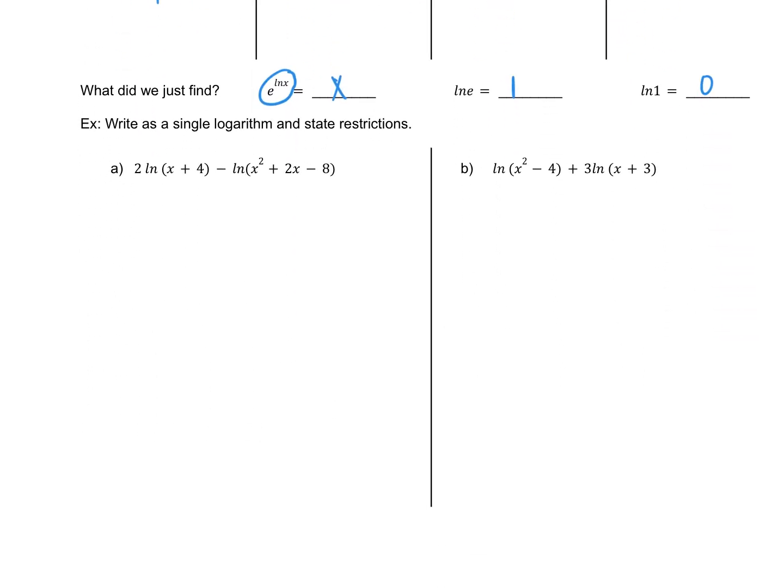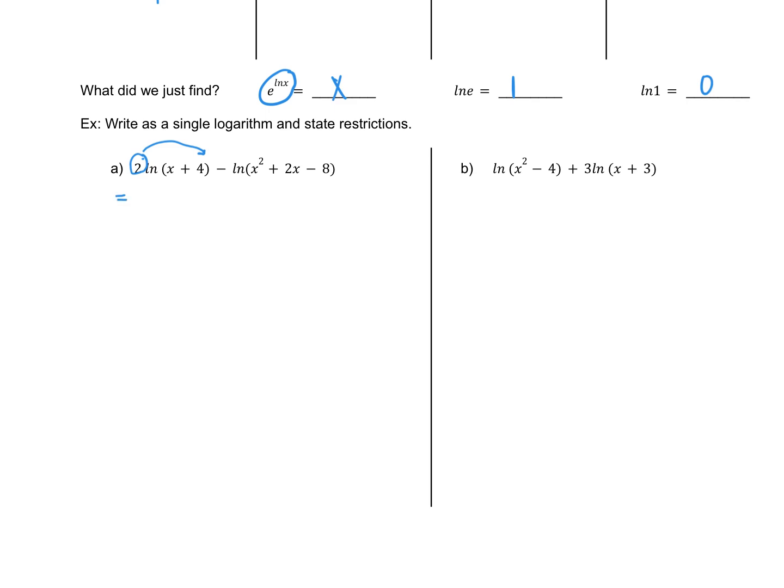Now for the next, we're going to write each expression as a single logarithm, and we'll state the overall restriction. So we're going to start off with a refresher on the different log properties. And one of them is if you have a coefficient, it can be brought up to the exponent of the argument.